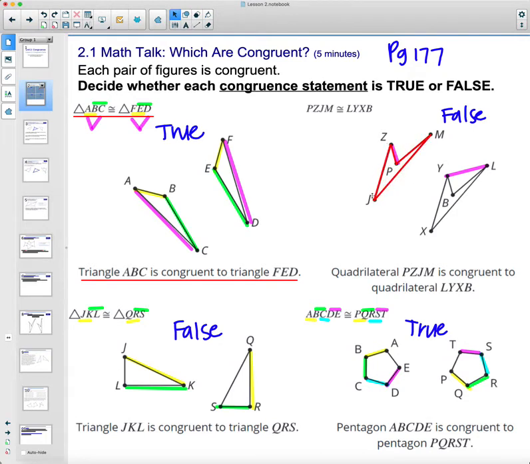If I move this quadrilateral over, it is the same size as this one. It's the fact that they mixed up the order of the letters, since you need to be saying that P maps to L, Z maps to Y, J maps to X, M maps to B. That needs to be happening in your congruence statement.